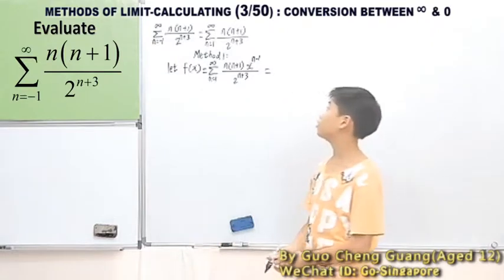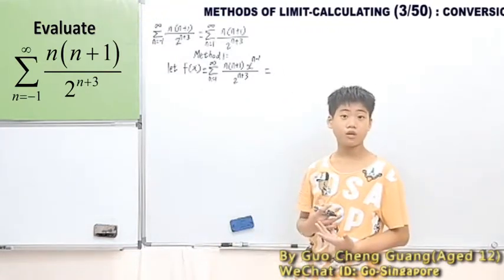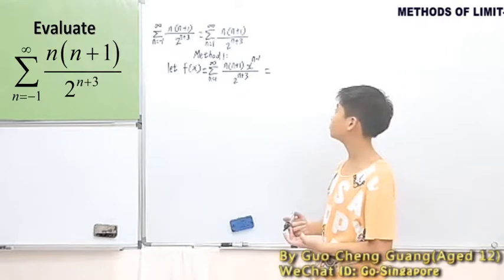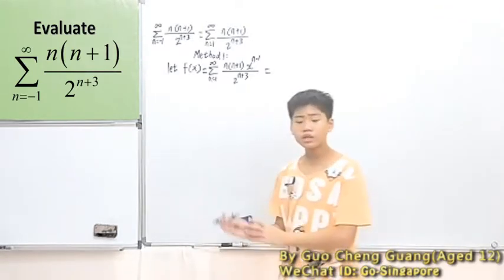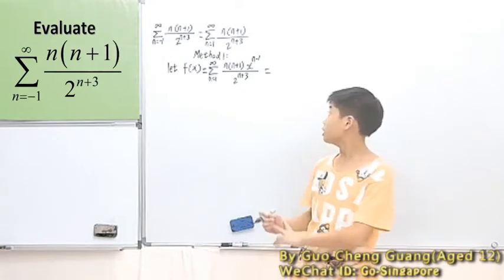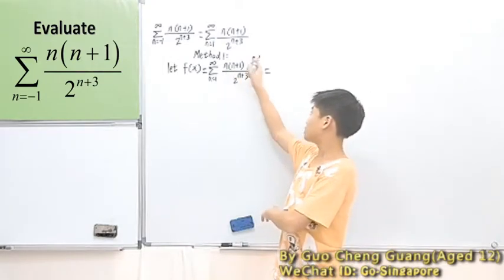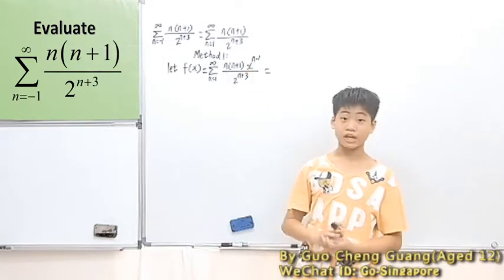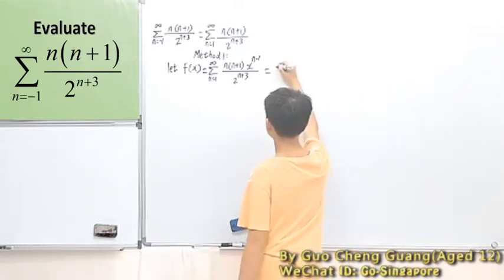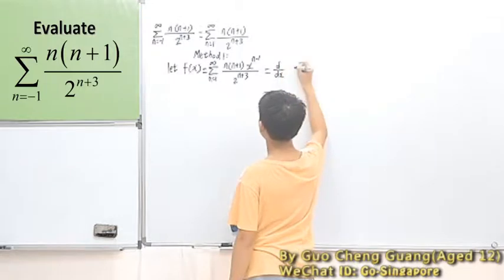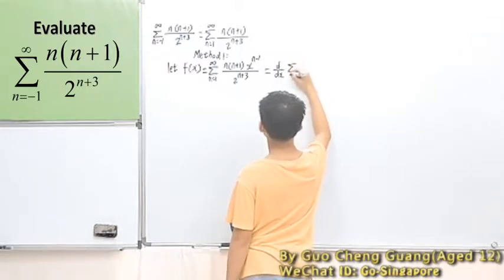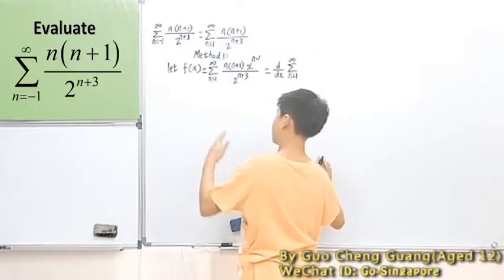So what happens here? First differentiate or first integrate? Just by looking at this, you can realize we need to first integrate so that this n will be taken up. Okay? So when we first integrate inside here, is it okay for it to be from 0?